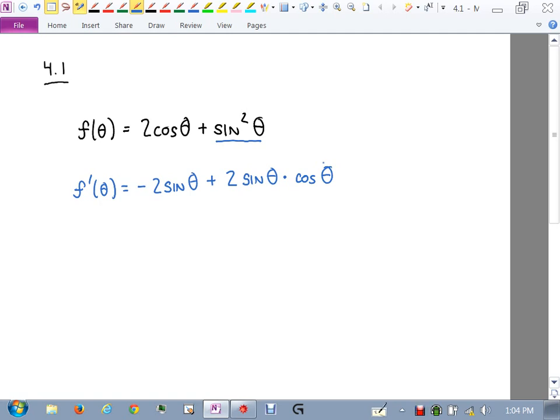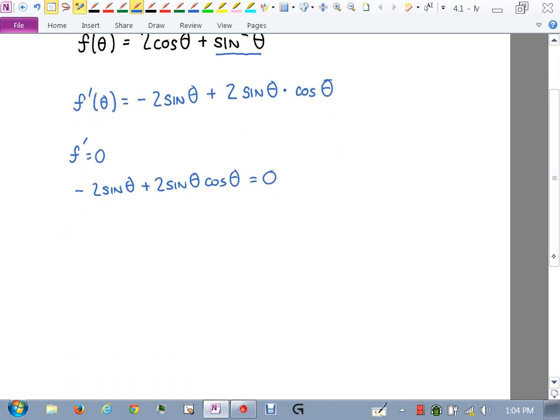So there's your derivative. And you want to set that equal to 0. So let me set f prime equal to 0. So I take negative 2 sine theta plus 2 sine theta cosine theta equal to 0.